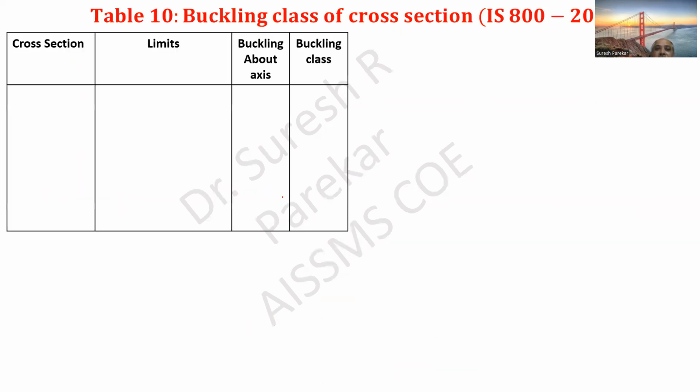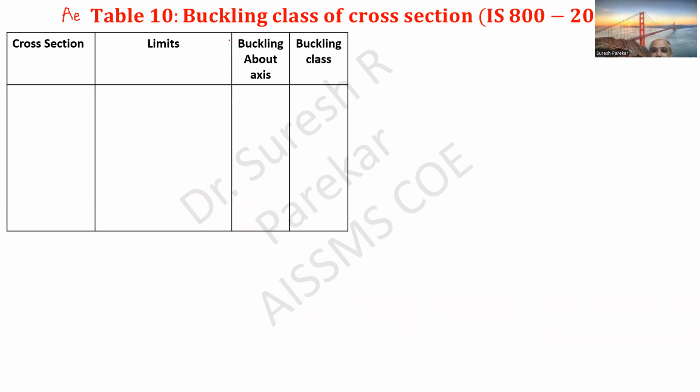Now third, that is buckling class. See, we have two classifications. One classification is in table 2, which is related to the values for AE. Keep in mind that we use that classification to decide the class, that is plastic, compact, semi-compact, which will decide your effective area.